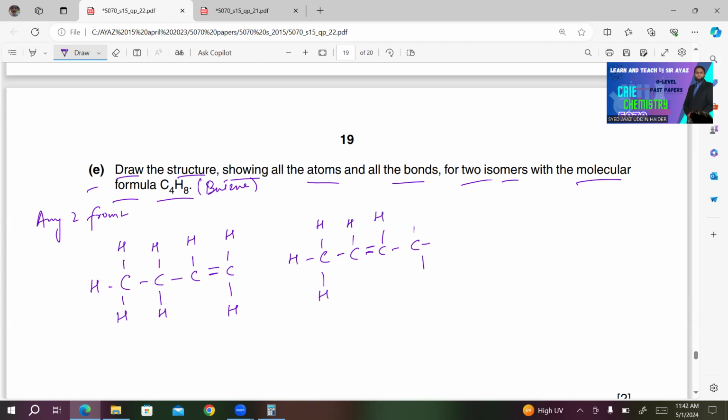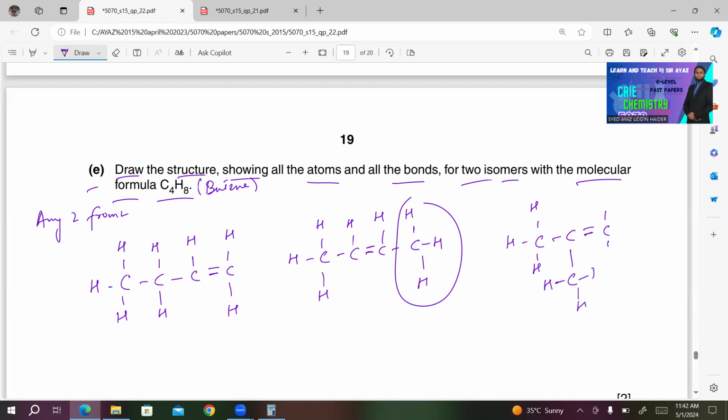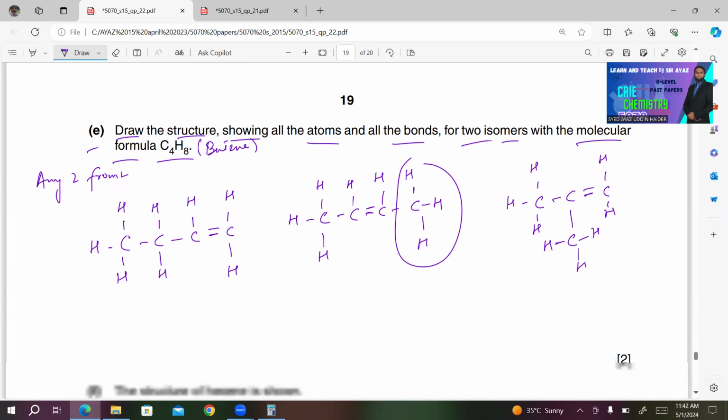Now this time I am going to change the position of an alkyl group, that's the methyl group. Placing the double bond. You can draw any two of these. These all are isomers with the molecular formula C4H8.